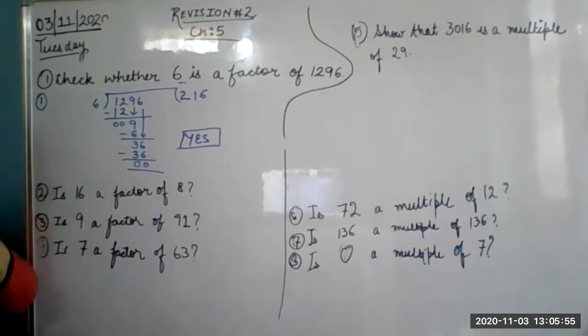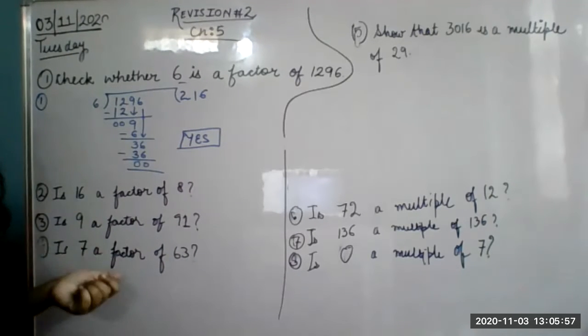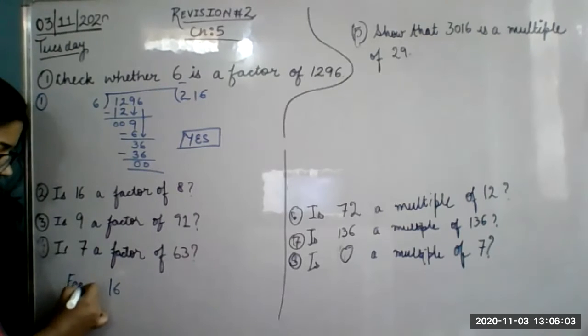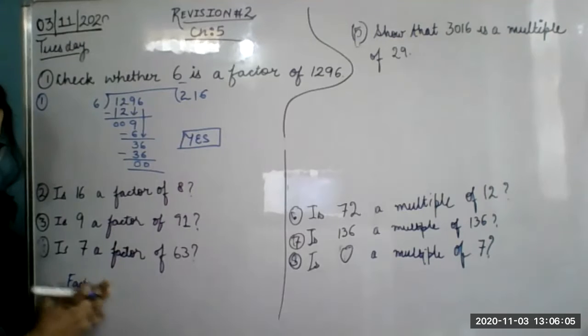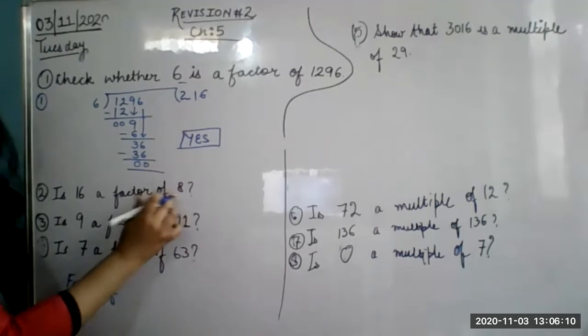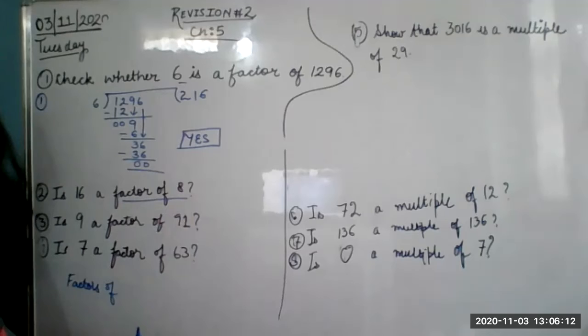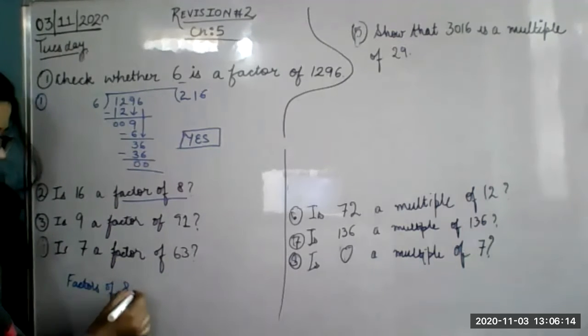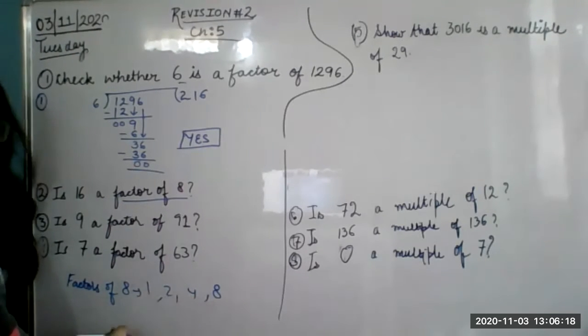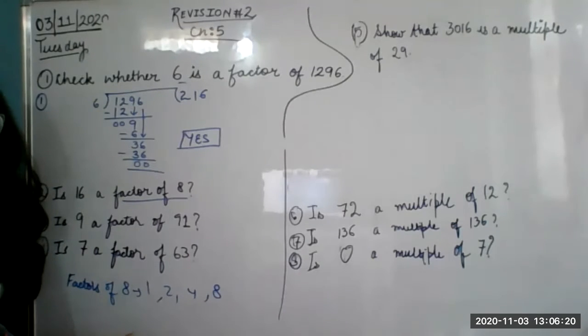Very good, because the remainder is 0. Many of you are asking, ma'am, why is this wrong? Is 16 a factor of 8? Beta, if I ask you to take out the factors of 8: 1, 8, 2, 4. Is there any 16 coming in the factors of 8?